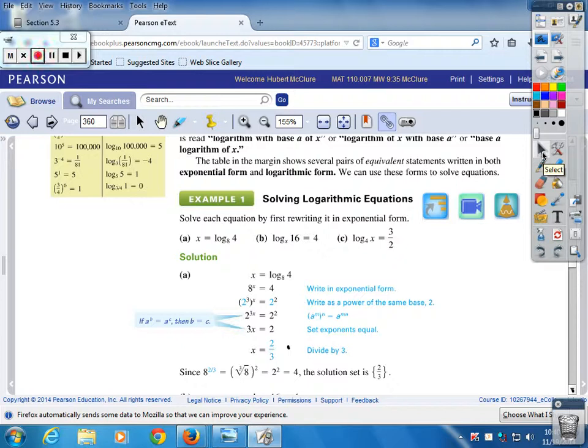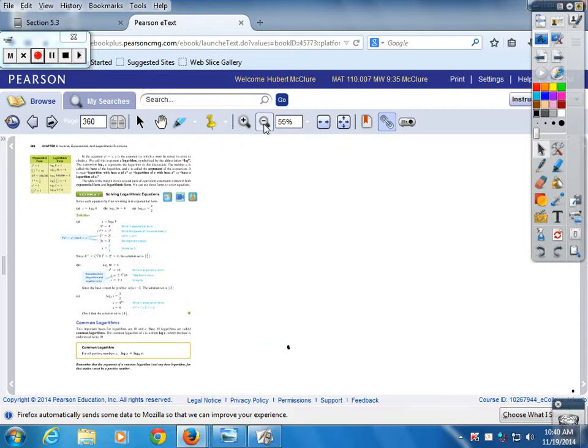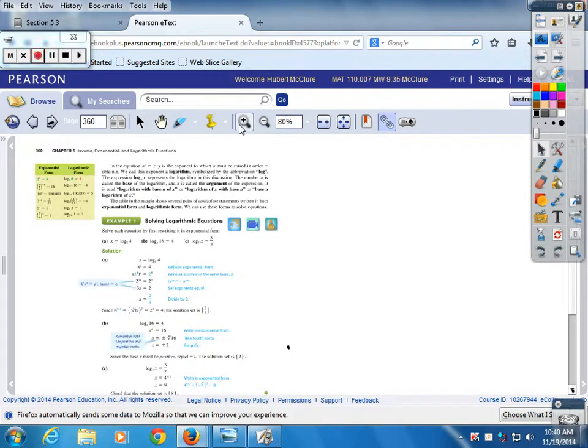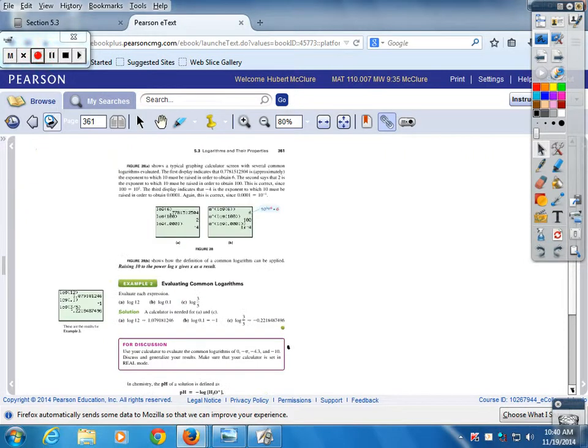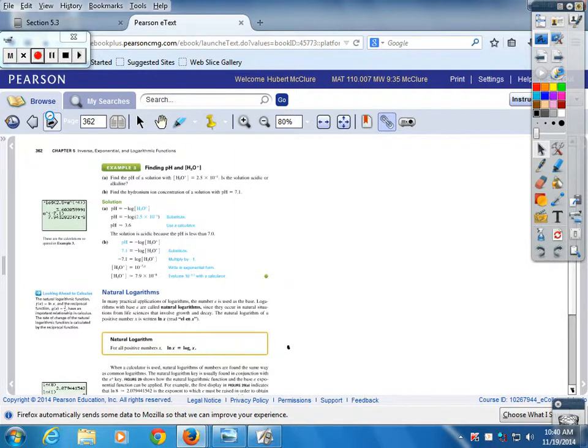Okay, I'll just find it. Log base e is equal to natural log. It might tell you right here. I don't know if it tells you or not. Somebody read it. That's on page 342.